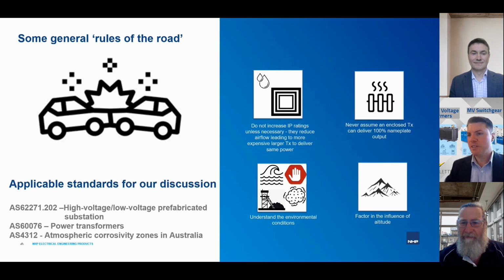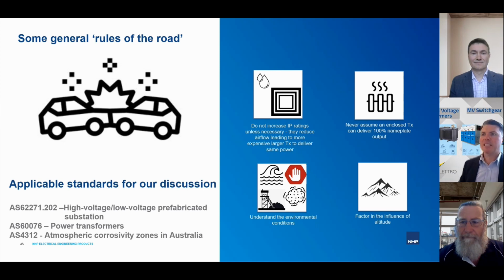Now, there's a few different standards that we're going to be talking about today and referencing. So we've got our AS 62271.202, where we're talking about the prefabricated substations. There's AS 60076 relating to power transformers, and then AS 4312, and we're talking about the corrosion zones within Australia, and Dmitry is going to be talking a bit more about that.